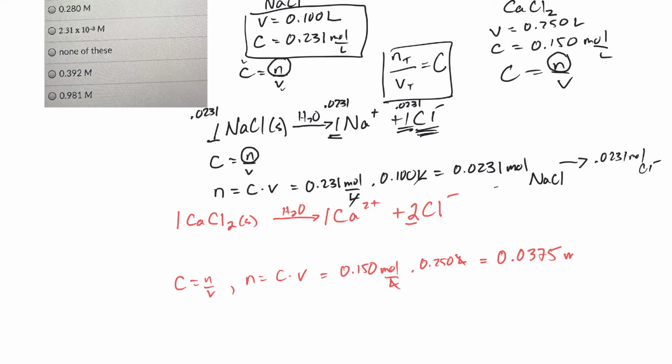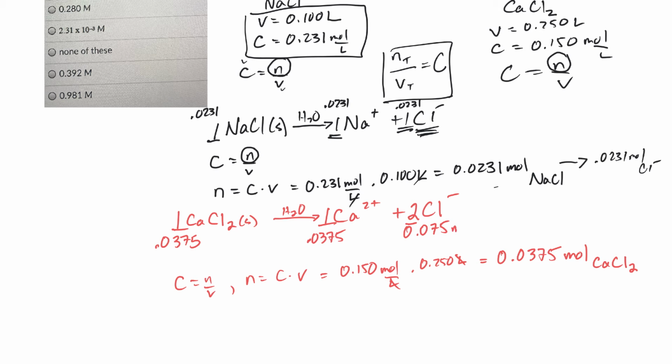0.0375 moles of calcium chloride. If it's 1 to 1, then the calcium ions will be 0.0375. But the chloride is going to be double that, so I have to double that number: take that number times 2, 0.075.